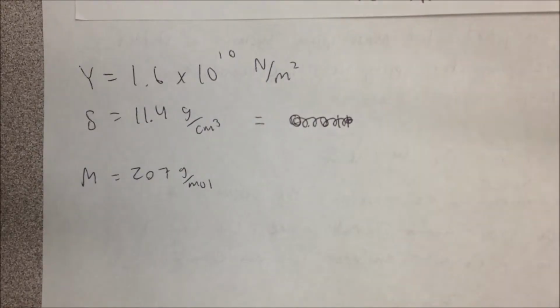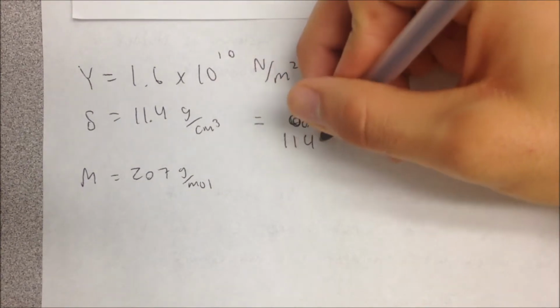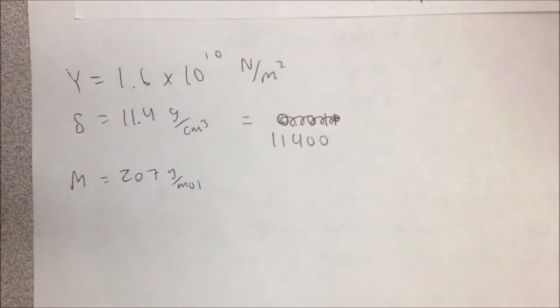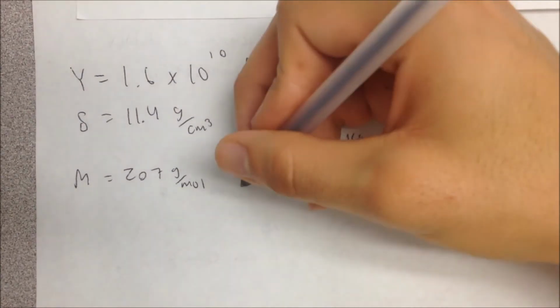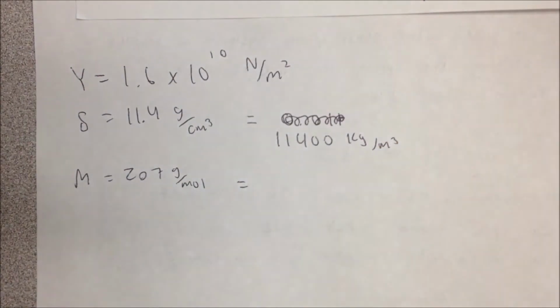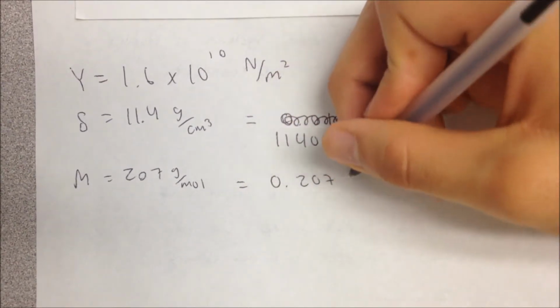We can convert the units for the density and the molar mass of lead by using the same steps we did in part A. So for the density, we would end up getting 11,400 kilograms per meters cubed, and for the molar mass, we would get 0.207 kilograms per mole.